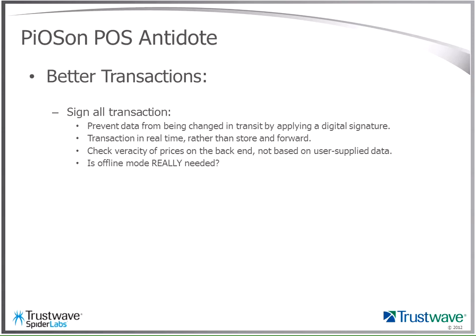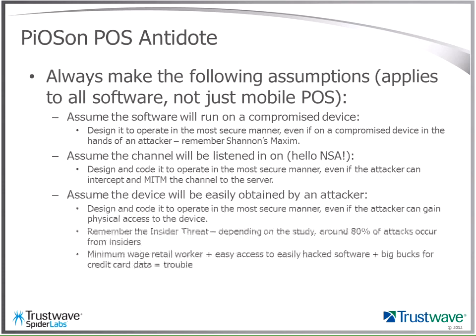I could have pulled the database where they were storing all their transactions off the device, changed it in the database, and put the database back on. And then it would have sent it up. And they would have trusted it. Do you really need to do something like this in offline mode? Business decision, but from a security standpoint, probably running a point of sale in offline mode is not a good idea.